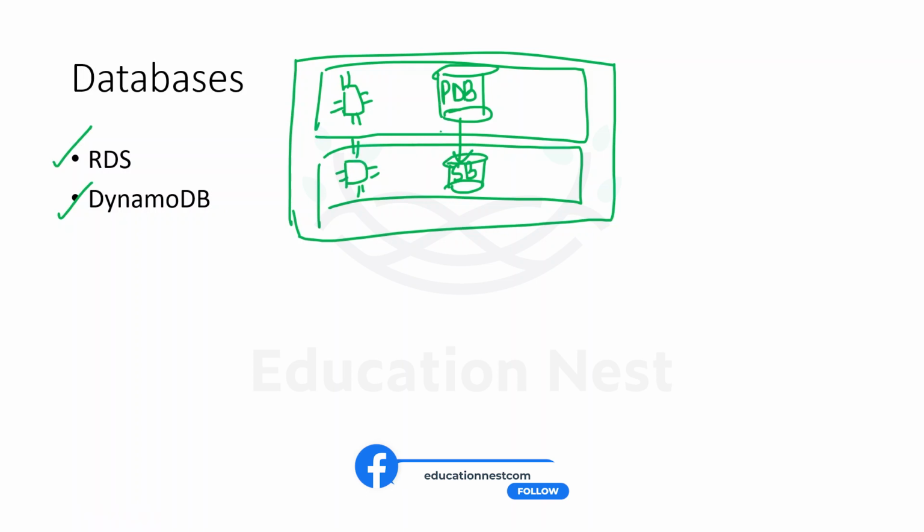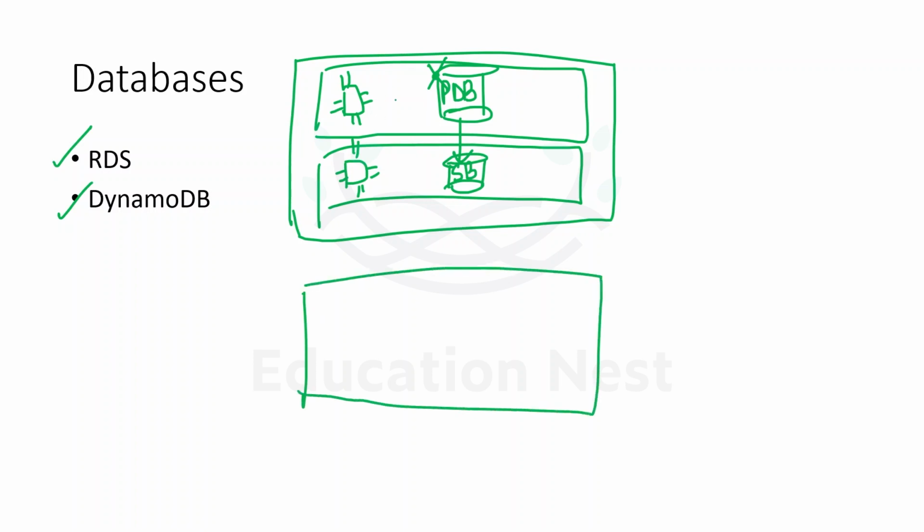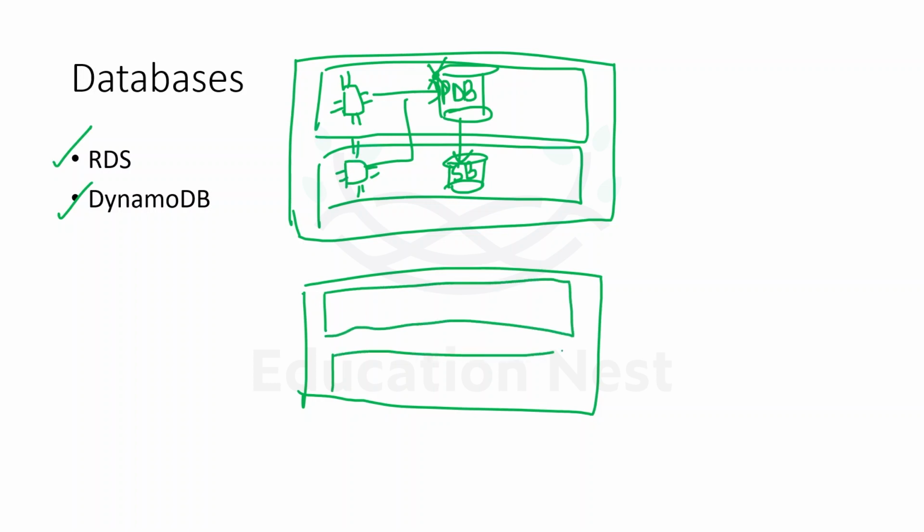In case of disaster, if one availability zone is going down, or the primary database instance fails, then the standby takes over. Initially, when the primary is up, the traffic goes to that primary instance. But in case of disaster, our primary fails. We have the EC2 instances, and our primary database has failed.